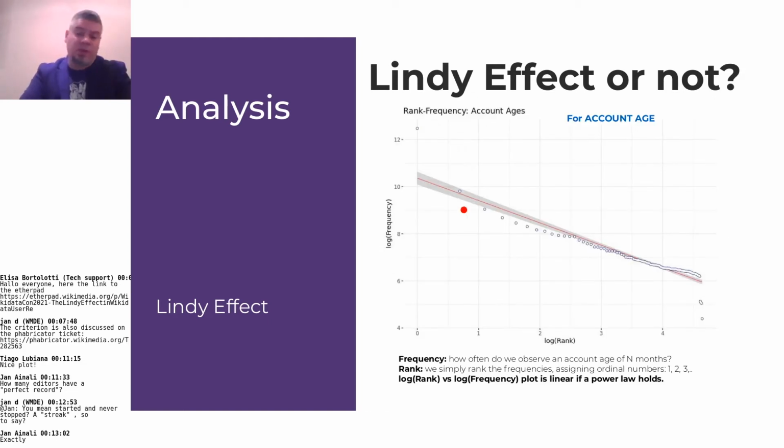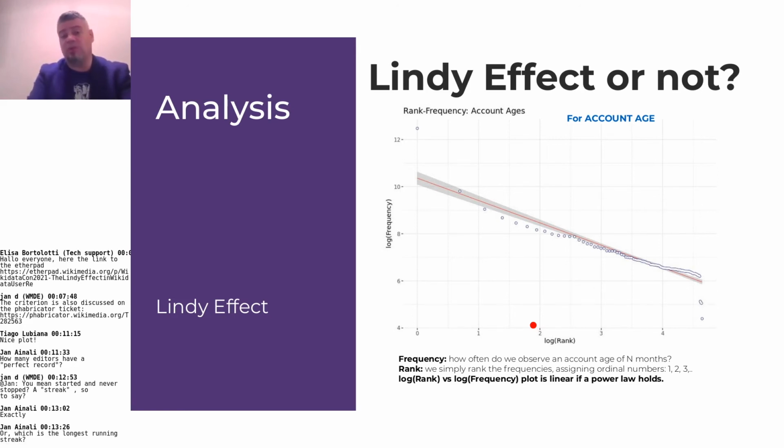So this plot here is something which historically was used before the development of some more advanced mathematical procedures. This was used almost exclusively to figure out if something is a power law or not. So in this chart, we first take all the account ages from all 400,000 Wikidata users. And then we look at how frequently particular values of account ages in months appear.